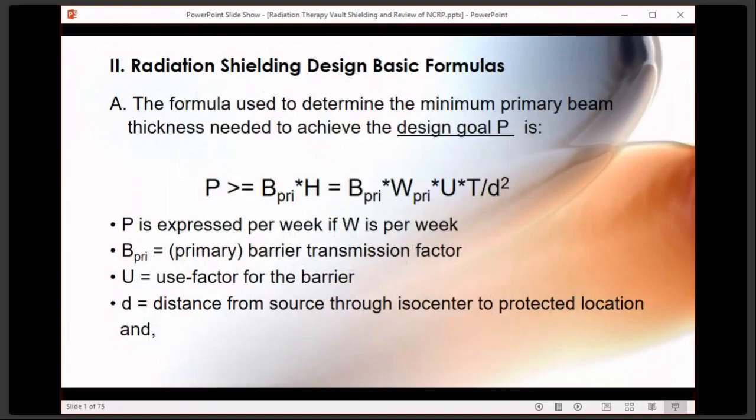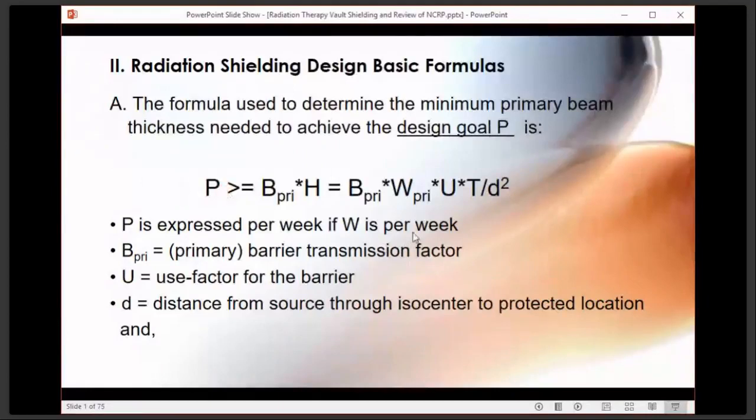For the primary barrier shielding, the thickness is what we want to determine, and we basically set the expected dose equivalent, this quantity here, with a barrier transmission factor in there, to be equal to or less than the design goal, P.